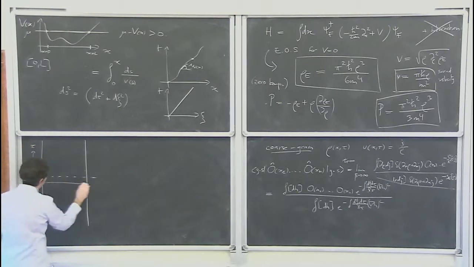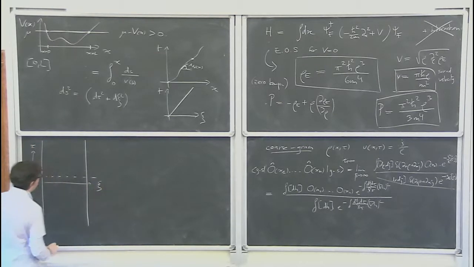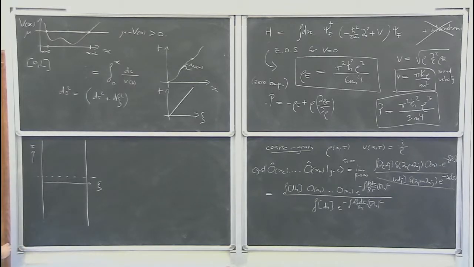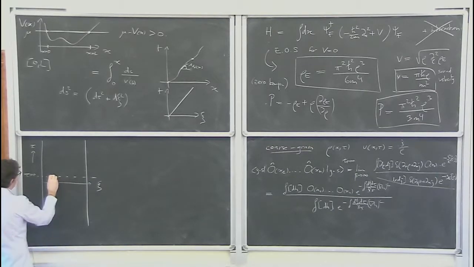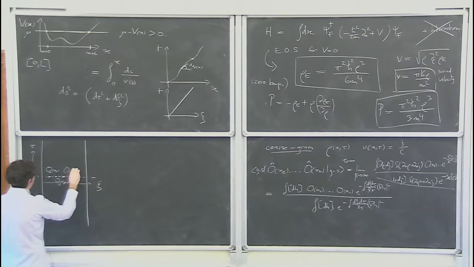This direction is my coordinate xi. This is tau equals 0. The ground state correlation functions that we are interested in are here. The operators whose expectation values we want to evaluate live here: this is O, the first observable, second, and so on.